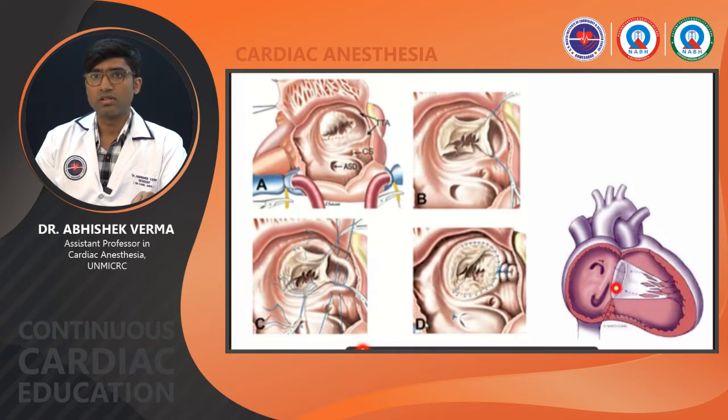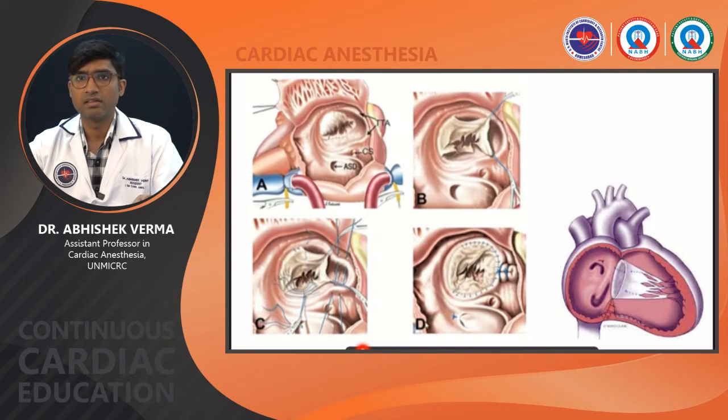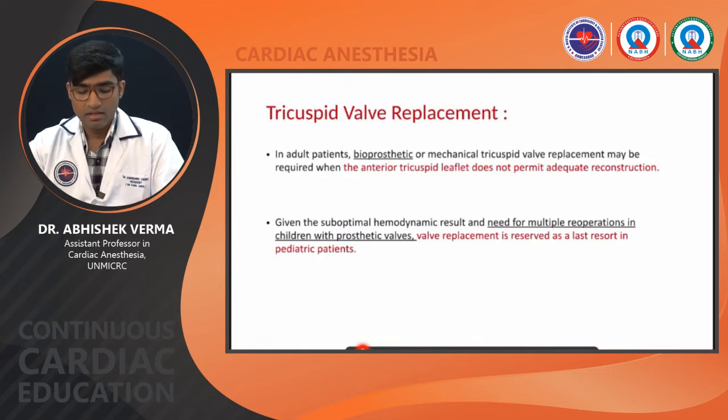It is also called the cone repair. See, all the leaflets are sutured together, and this is always plicated. We will see it better in our next slide. Tricuspid valve replacement: in adults, we go for the prosthetic valve or the mechanical tricuspid valve replacement.